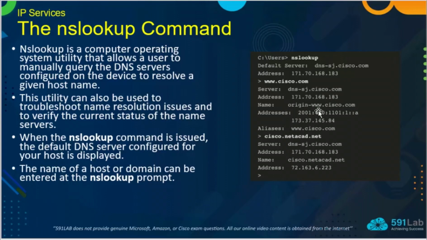We said that DNS has different records. It is a handy tool that we can use to troubleshoot name resolution, used just to verify the IP address that is attached to that DNS name. Right, so that is nslookup.